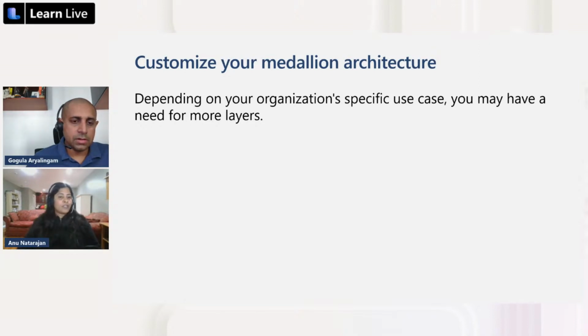So have you encountered that type of scenario, Gokula? I have a few examples where I had clients where we had to add additional layers between bronze and silver. In my case, we've had multiple needs to have a layer just before bronze.